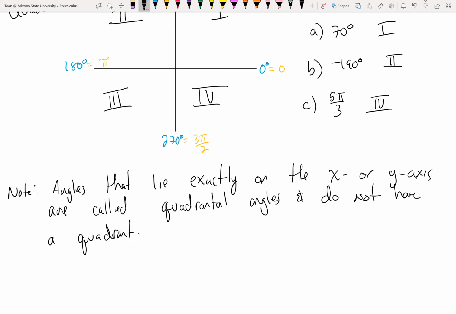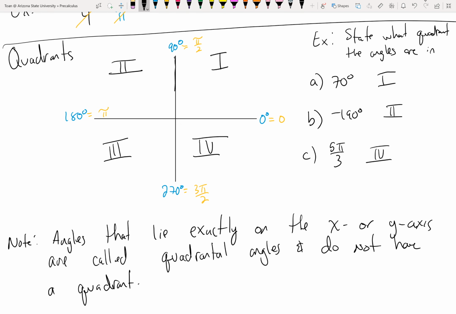So it wouldn't make sense to say, what quadrant is 90 degrees in? Because 90 degrees is the positive y-axis. The best thing you can say is it's between two quadrants. So I wouldn't say 90 degrees is in a particular quadrant. I would say 90 degrees is between quadrant 1 and quadrant 2.